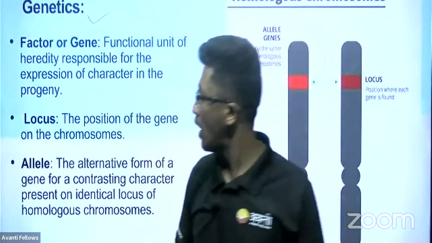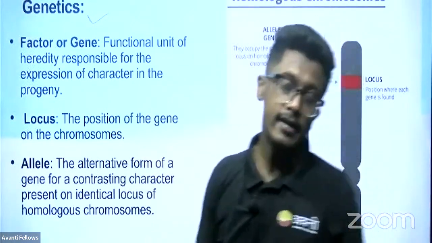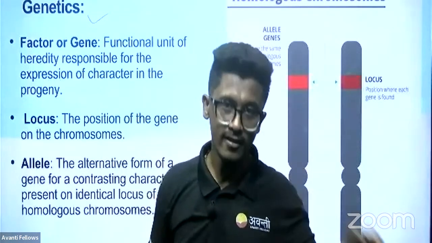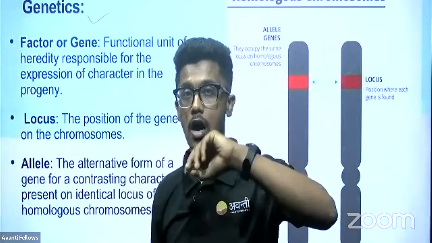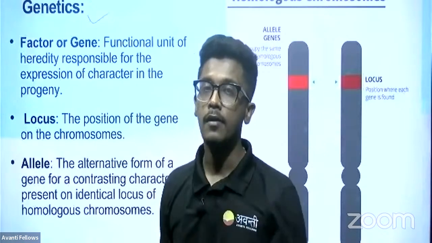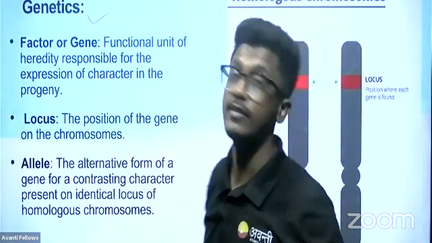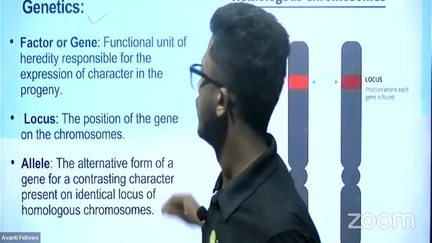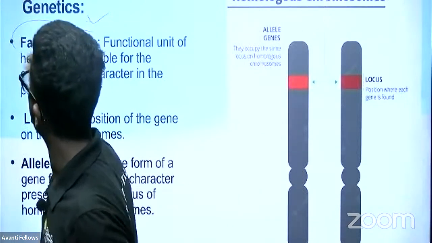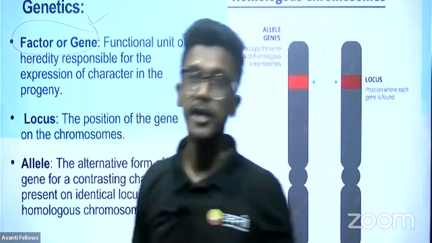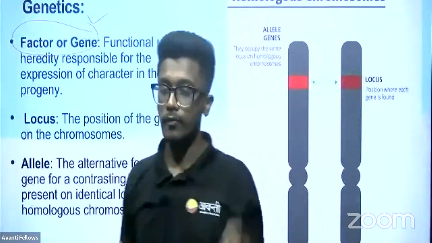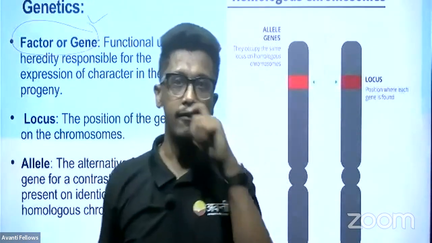Now, before we understand Mendelian genetics and how he performed his experiments, there are a few terminologies that we have to be aware of. Let's revisit the terminologies in genetics. Mendel talks about something called a factor. Many of us get confused when a teacher says Mendelian factors.